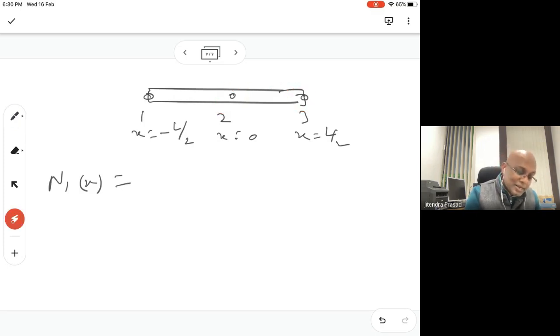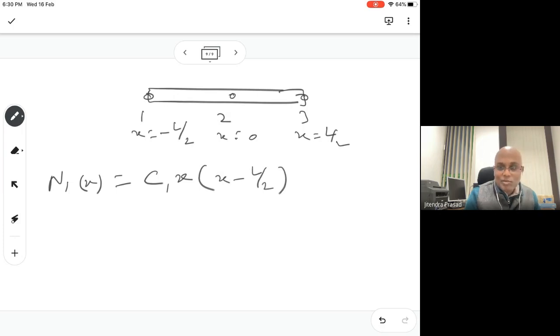So that means N1(x) has a root here and here. And that means you can write N1(x) equal to some constant, let's call it c1, then x, because there's a root at x equal to 0, and then there's a root here as well, x equal to L over 2. So we write x minus L over 2.